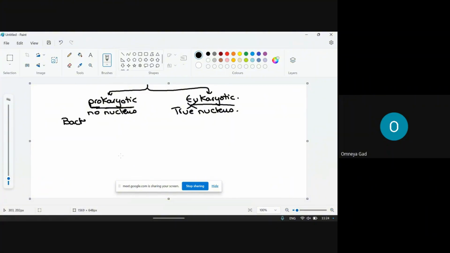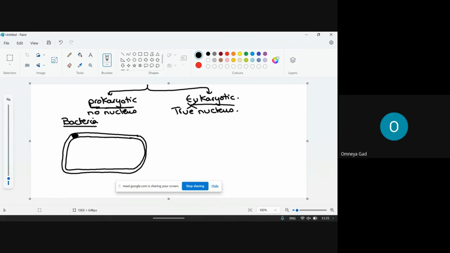Our major example for prokaryotic cells is bacteria. How do prokaryotic cells look? Not all bacteria have this structure, but the majority of them, the most common type that we have to study, have a cell wall. All of this thickness is the thickness of the cell wall.